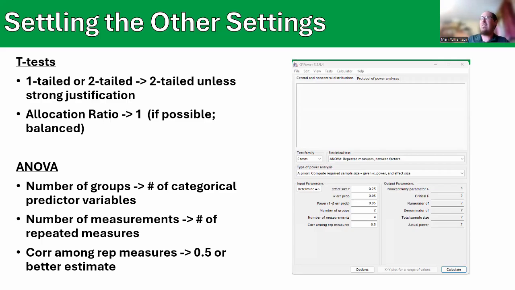And I guess that brings up an important point: a lot of times you're making your best guess or estimation of some of these parameters, and you might not know very well. And so it might not be the best approach to just run a single power analysis with a single set of parameters.